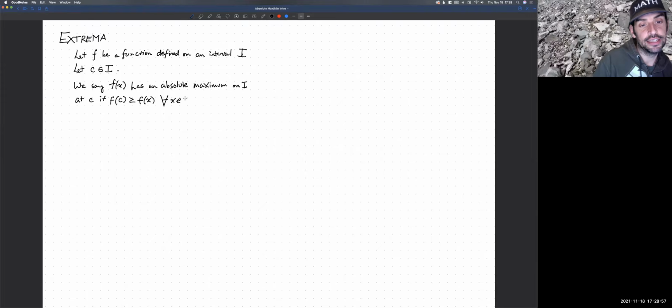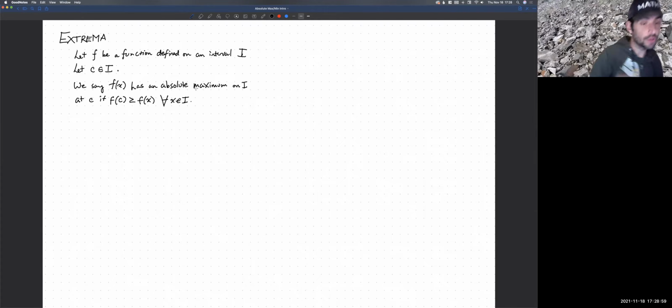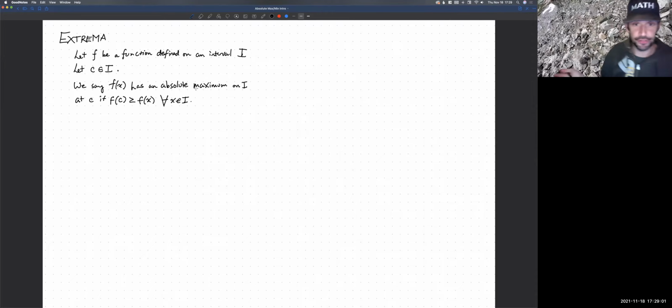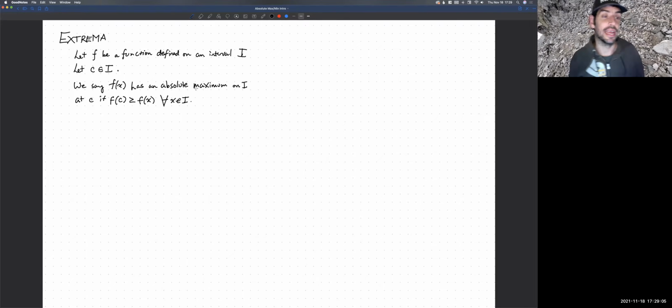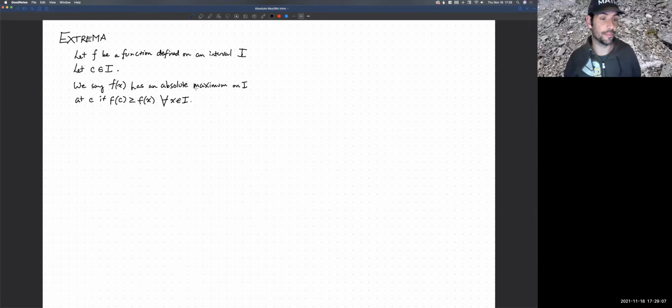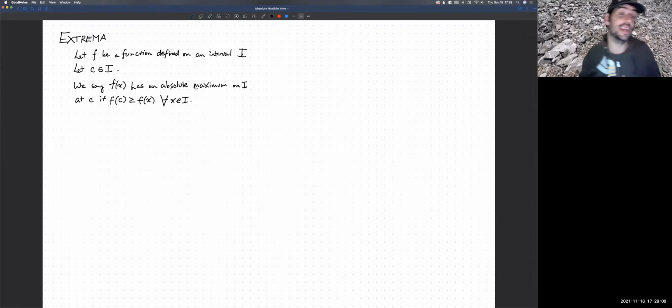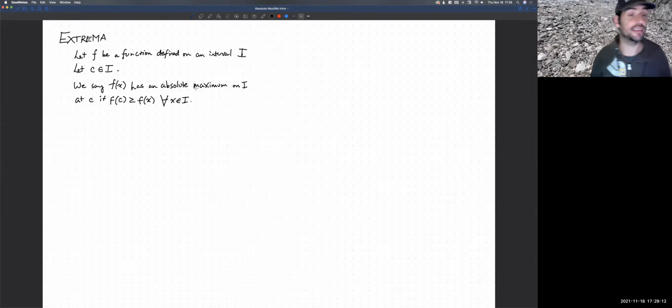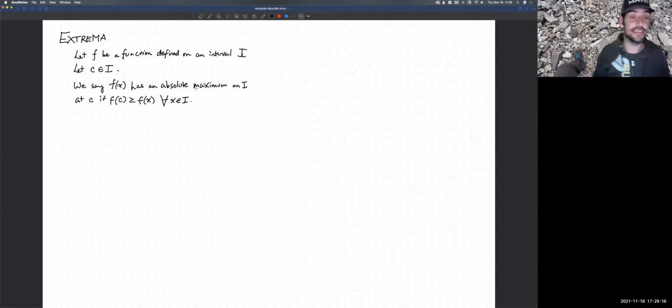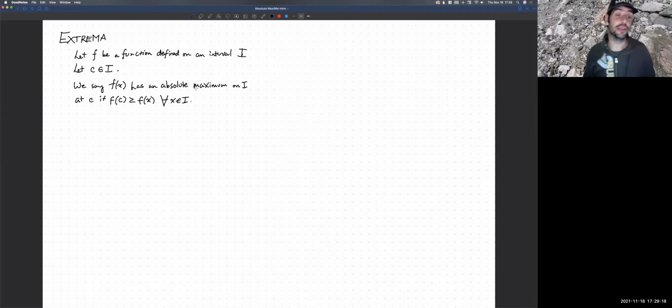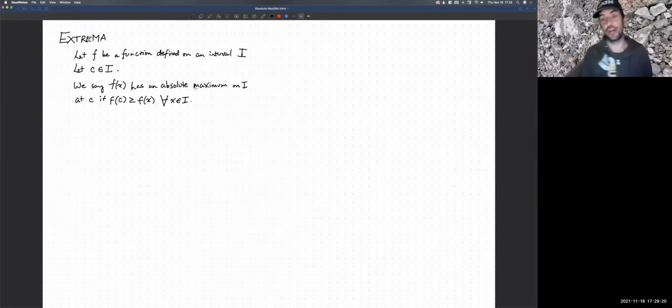So all the statement is saying is we start with a function, it's defined on some interval, and C is a number in that interval. Then we'll say this function has an absolute maximum on that interval if at this number C, the output of C is greater than or equal to all the outputs of f on that interval.